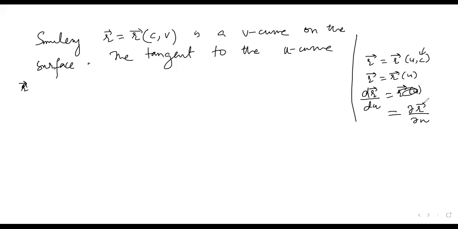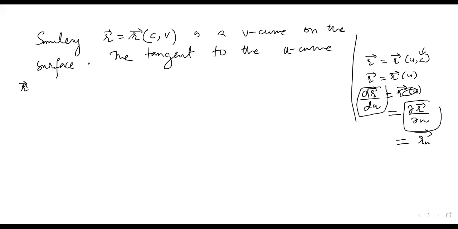Actually, when we take a partial derivative of an equation of more than one variable, basically we do this, we treat the other variable as constant. So if I treat the other variable as constant, the tangent to the curve would be given by the derivative with respect to the variable that's changing and on which the set of points depends. So that would be the same as r sub u. So I will write the same here. It's rather obvious, because a partial derivative by definition is the one in which we take the derivative and treat other variables as constant.